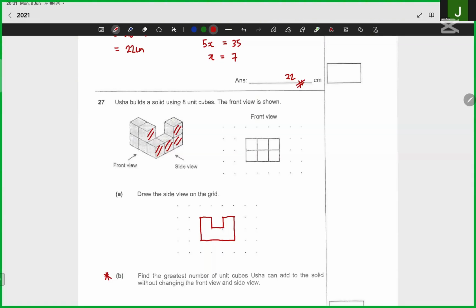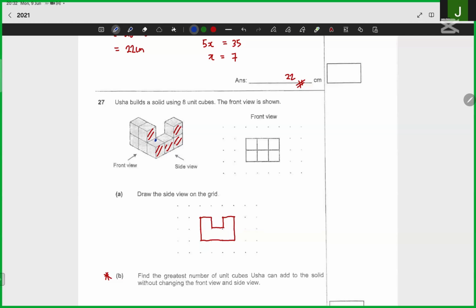Now you'll notice that I cannot add any cube down here, because that won't affect my front view, but it will affect my side view. So cannot add here. But what if we add down here, this space? Can we add a cube over here?